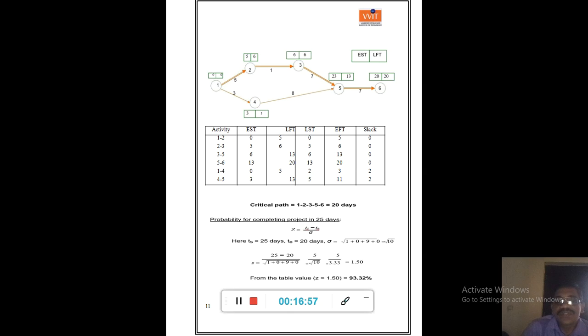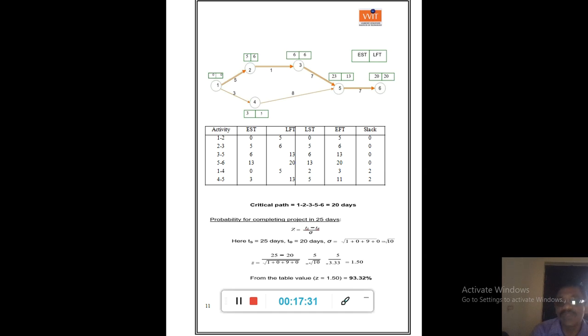So sigma is equal to the square root of the variances of those activities that are lying on the critical path: 1 plus 0 plus 9 plus 0. So then you can take Z is equal to Ts being 25 and 20 being Te, over the square root of the variance.